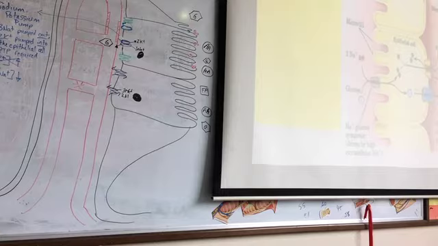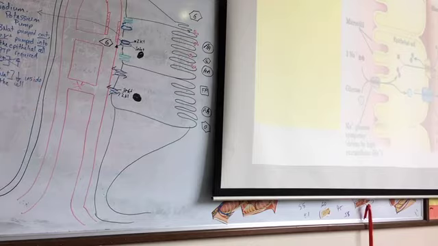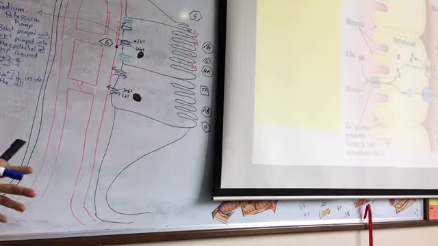We've created a gradient now. The concentration of sodium ions decreases inside the cell. We're going to stay interested in sodium. That's why you don't really see potassium right now.